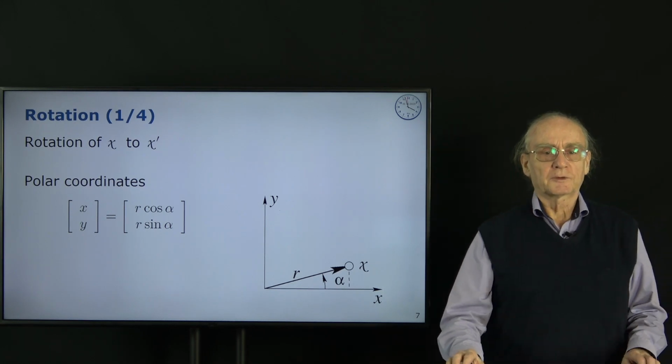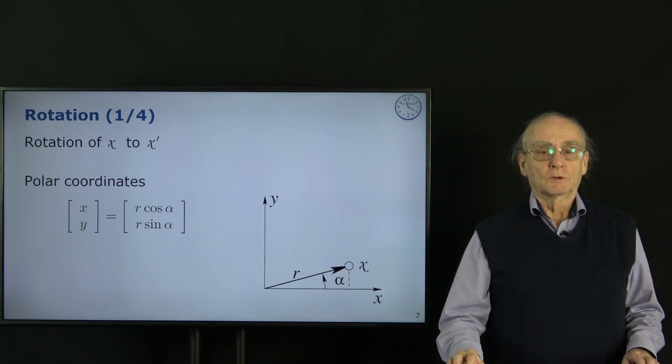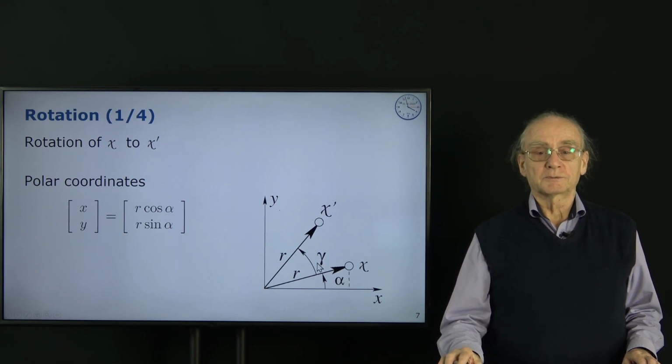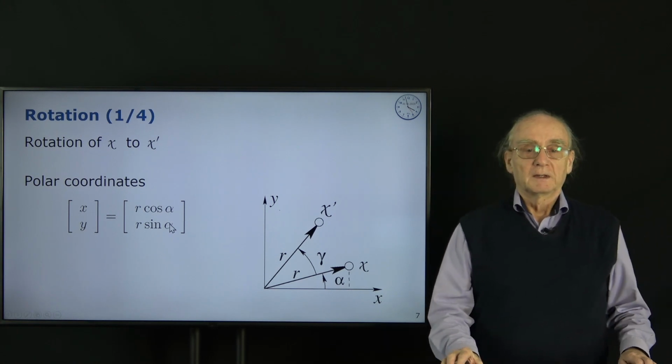The same we have for the rotation. So here we have the point rotating around the origin by the angle gamma. And in order to derive the equations for this, we represent x in polar coordinates. That means we have the distance r of the point to the origin, and with cosine and sine alpha.